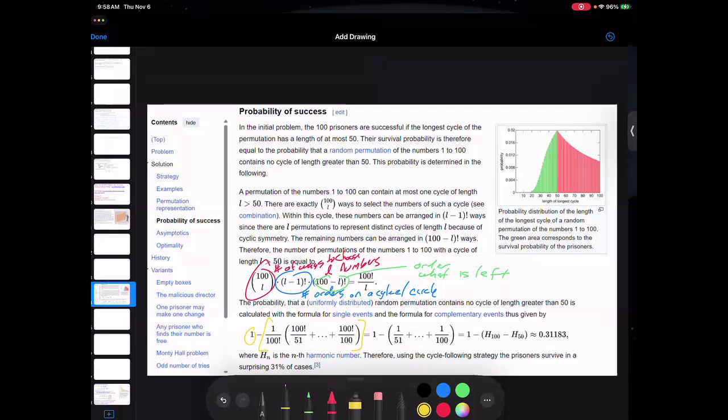If I have a cycle of length 51 and I have another permutation that has a cycle of length 52, could they be the same permutation? Your one has a cycle whose longest length is exactly 51, and the other has a cycle whose longest length is 52. Could they be the same permutation, if I'm permuting 100 numbers?